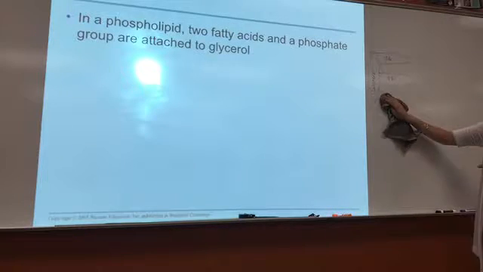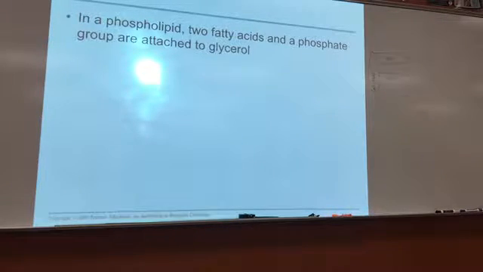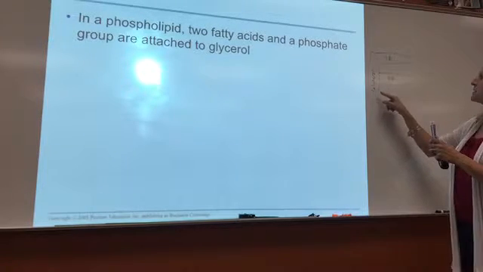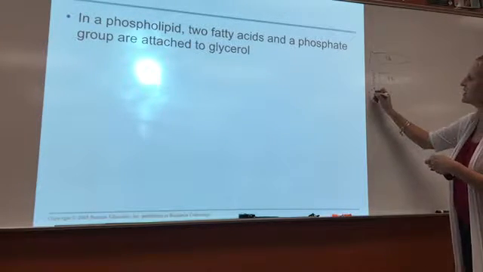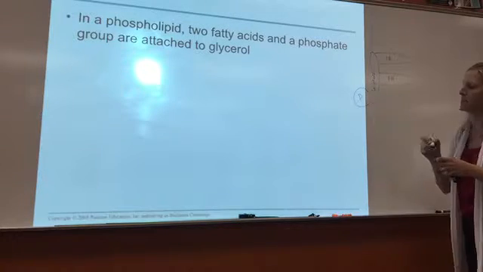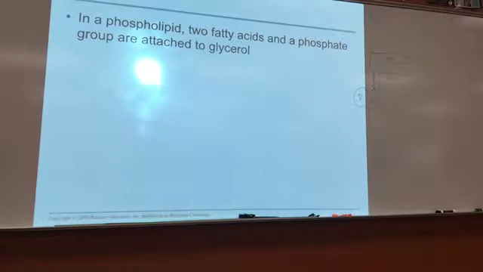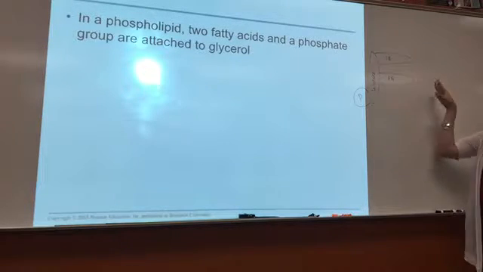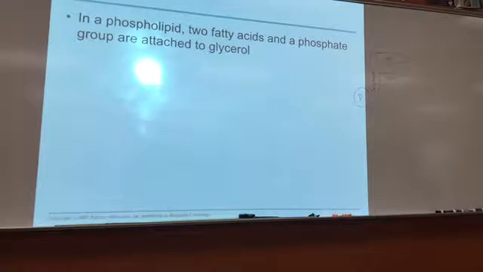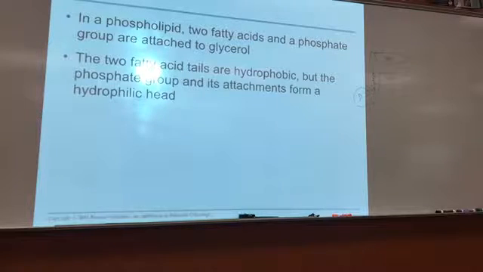It means that instead of 3 fatty acids, I'm going to erase 1 fatty acid there, and in that spot, to that carbon, is a phosphate group, and that's the PO4. That's one of the groups that we talked about with the functional groups. So that's the different construction, and that's why I said they're pretty similar.